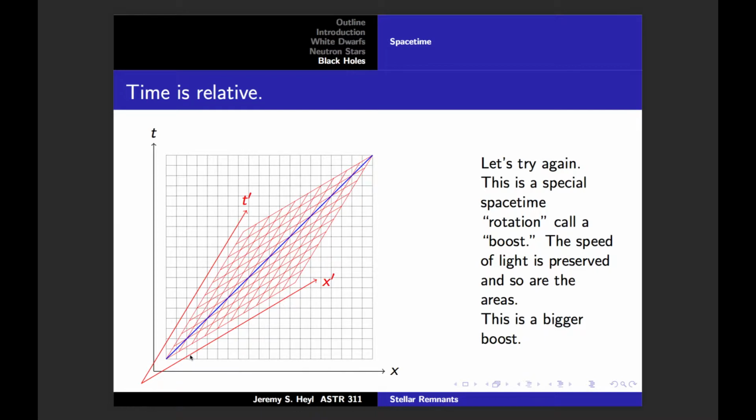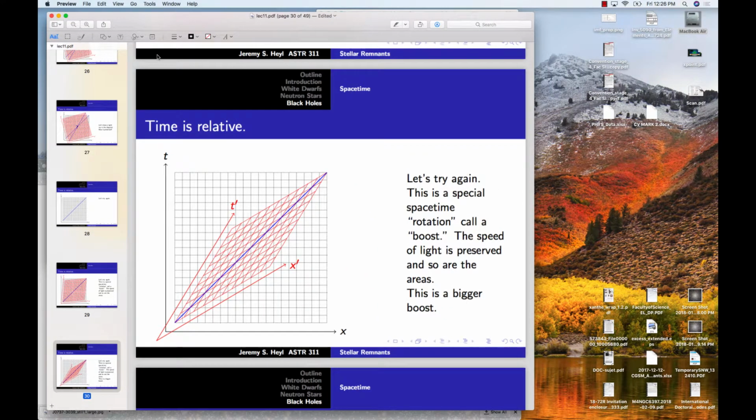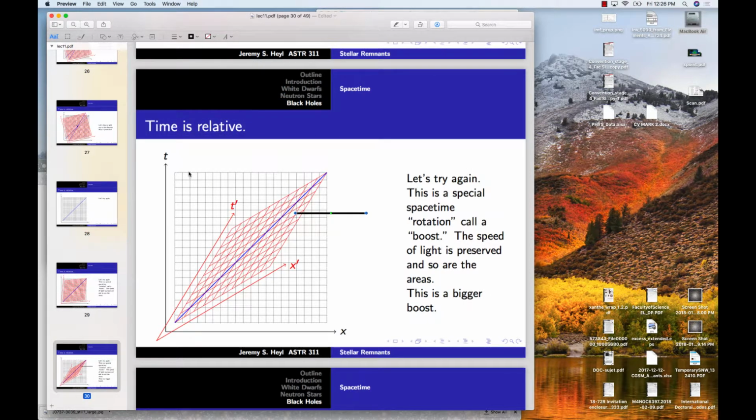So let's think about something here. Let's see if we can make this happen. Let's do some drawings on it. I'm going to put some events on the diagram, or at least I'm going to try without breaking the machine. So maybe I'll draw a line again. Let's draw a line between two different things.